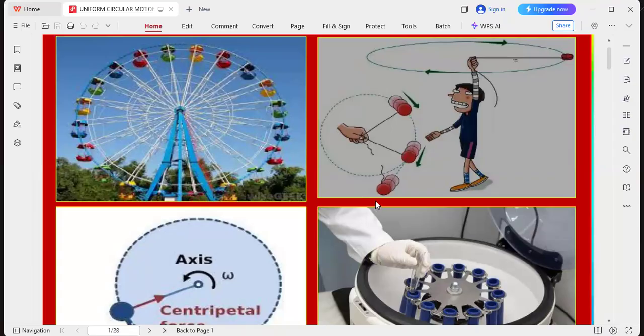We have applications like centrifuges that are used in milk industries. What you can see on the screen here, right bottom, is called a centrifuge. That's an application. We also have cases where the moon revolves around the earth. That's another application of uniform circular motion.